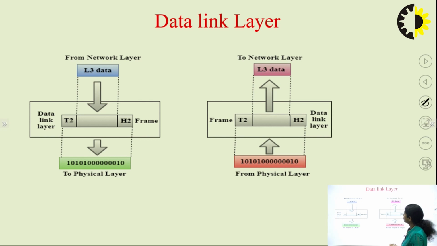We see from the network layer, it is getting the data, or we can also say L3 data. L3 is layer 3 data. Layer 3 is the network layer. So it is getting the data from the network layer. Now, here we talk about the data link layer. The data will be in the form of frames and it will be transmitted in the form of bits to the physical layer.